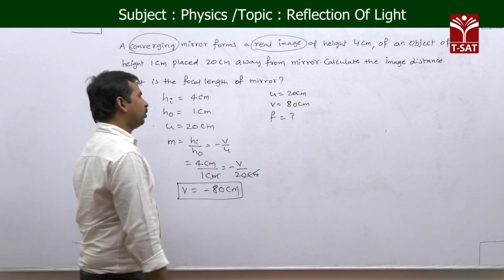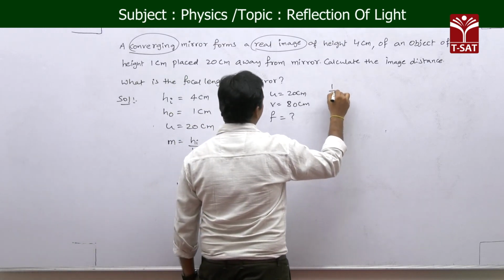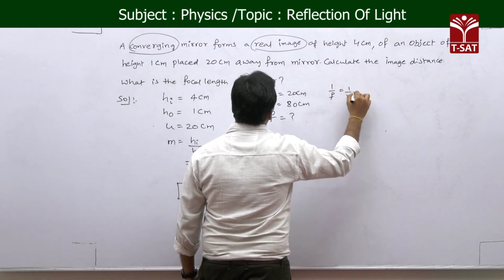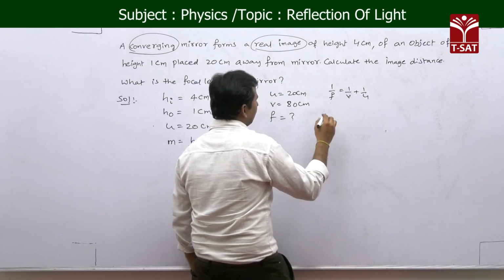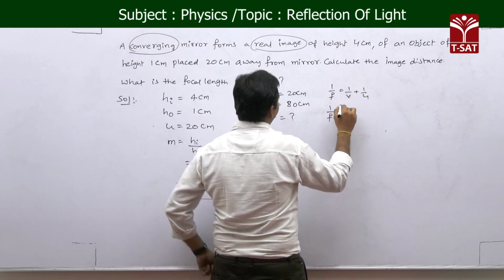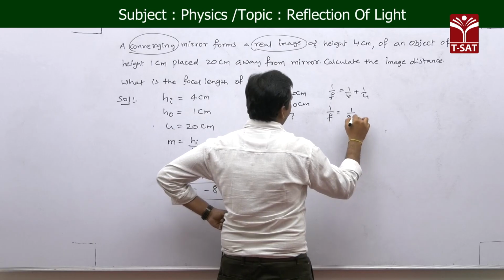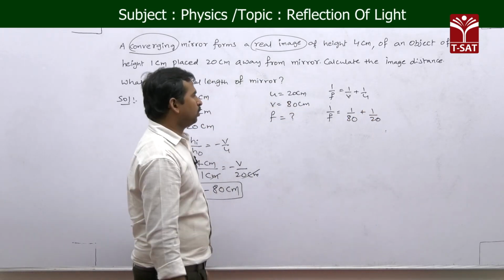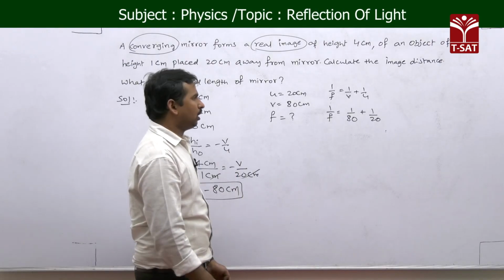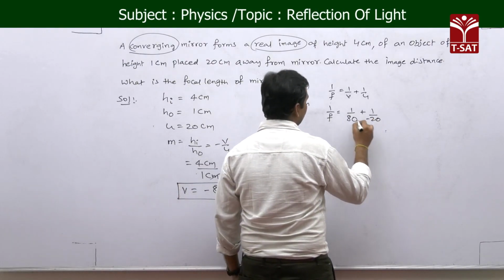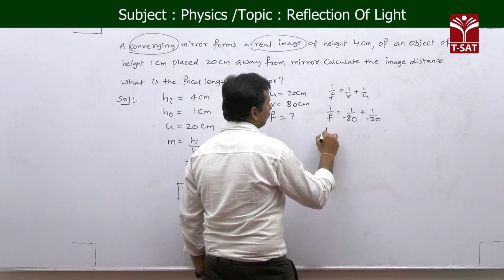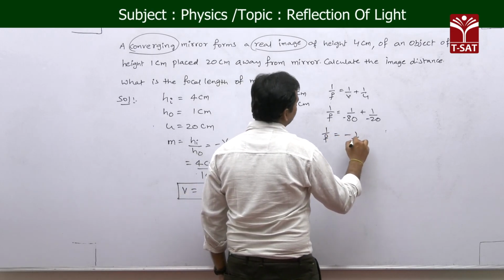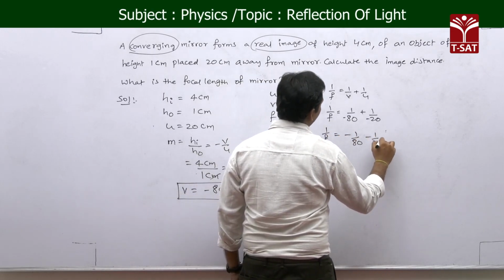Then according to the mirror formula, 1 by f is equal to 1 by v plus 1 by u. Then 1 by f, we don't know f value, and v value we got 80 and u value given is 20. Then if you substitute the sign convention here, object distance is negative, image distance also negative, then 1 by f is equal to minus 1 by 80 and minus 1 by 20.